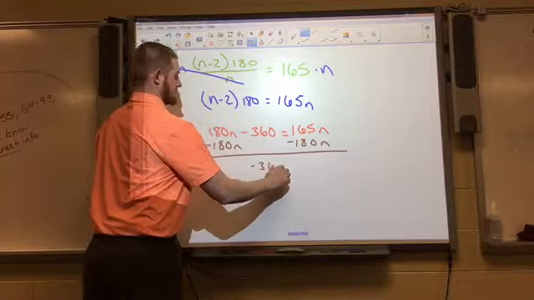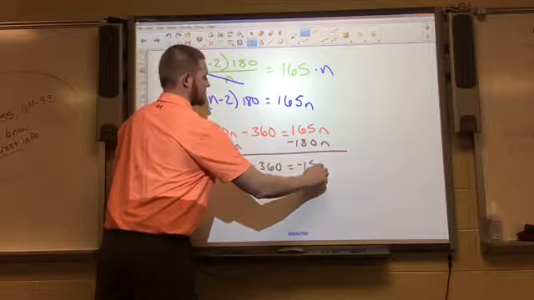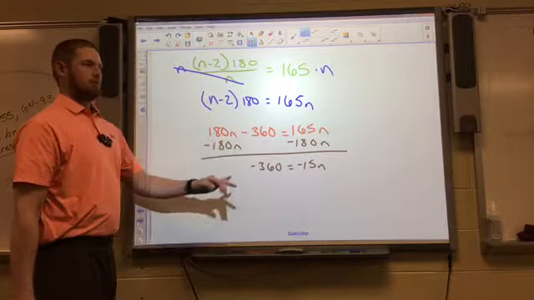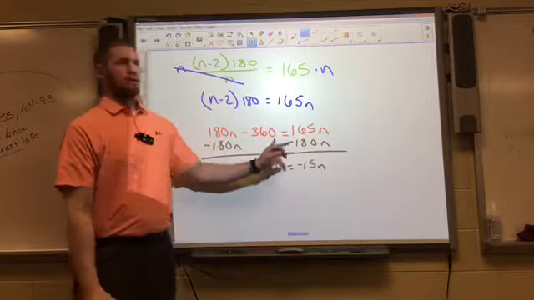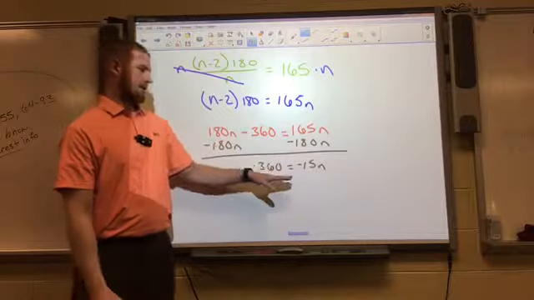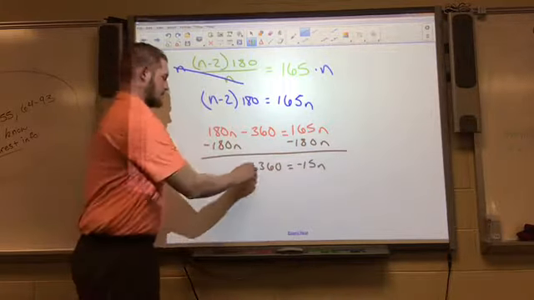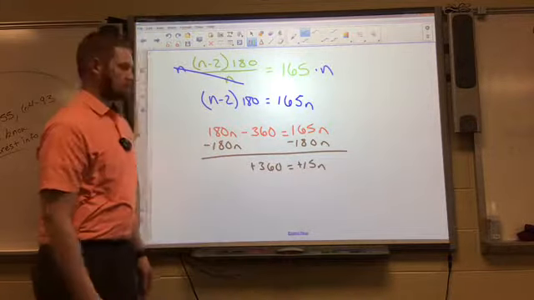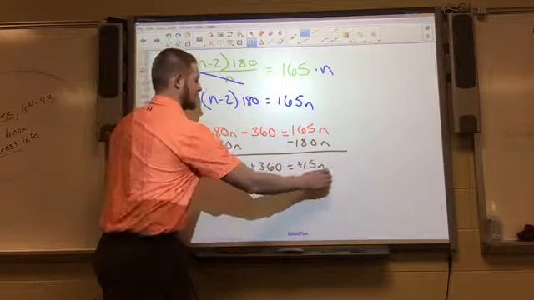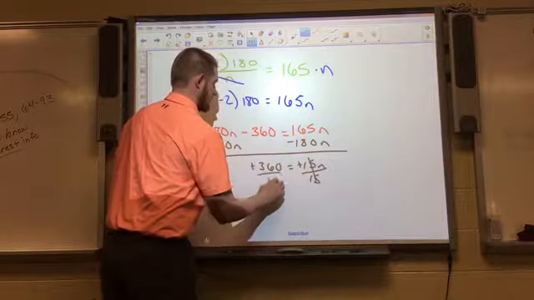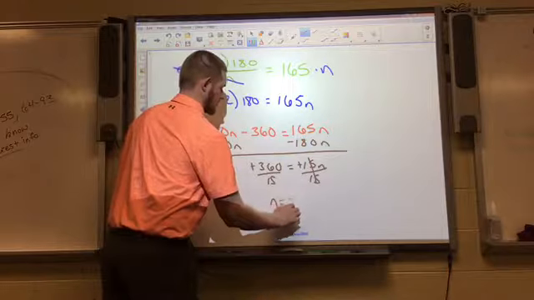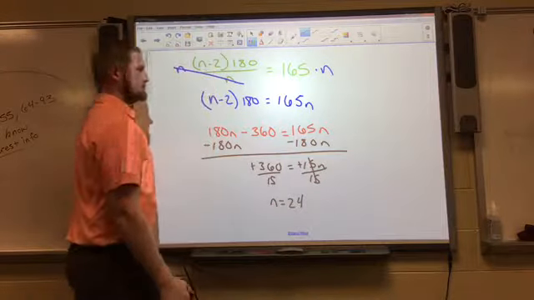So I get negative 360 equals negative 15n. My two negatives on opposite sides are going to do what? Yeah, because I'm going to divide by negative 1 on both sides, so they're going to change positive. So I actually divide by 15, and n equals, like Jacob said, 24.